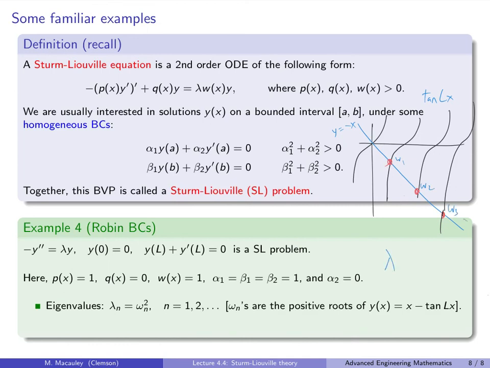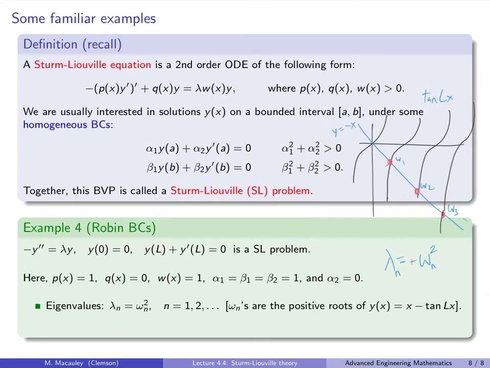And as before, lambda was equal to negative omega squared. So the nth eigenvalue, I didn't tell you we were finding eigenvalues, I said you were finding a constant. The nth eigenvalue was the negative square of omega n. But again, because we're adding a negative sign here, that makes this positive.